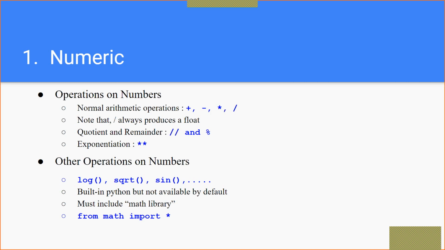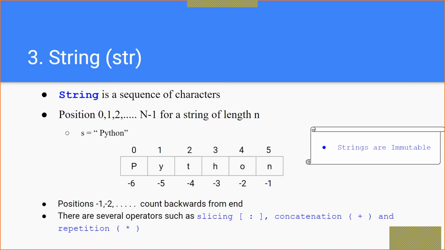And see, one thing about the string is that the string is immutable. What does immutable mean? You cannot modify that string. Once you have given that string, we cannot modify it in the string data type, right? So keep that in your mind. The string is immutable.